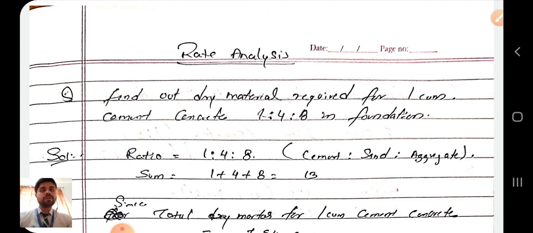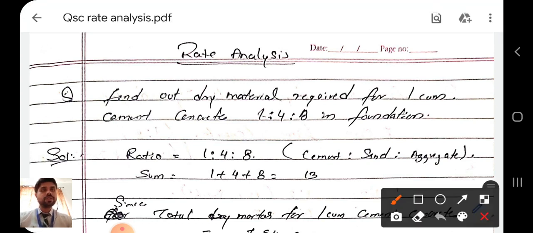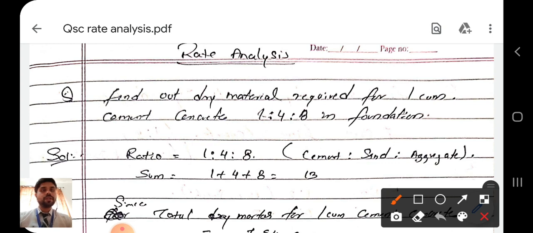So for the solution, the first thing we have to do is get the ratios. You can see here the ratio is 1:4:8, in which the ratio of cement is 1, sand is 4, and aggregate is 8. If you want to know the quantities, then we have to sum these ratios.